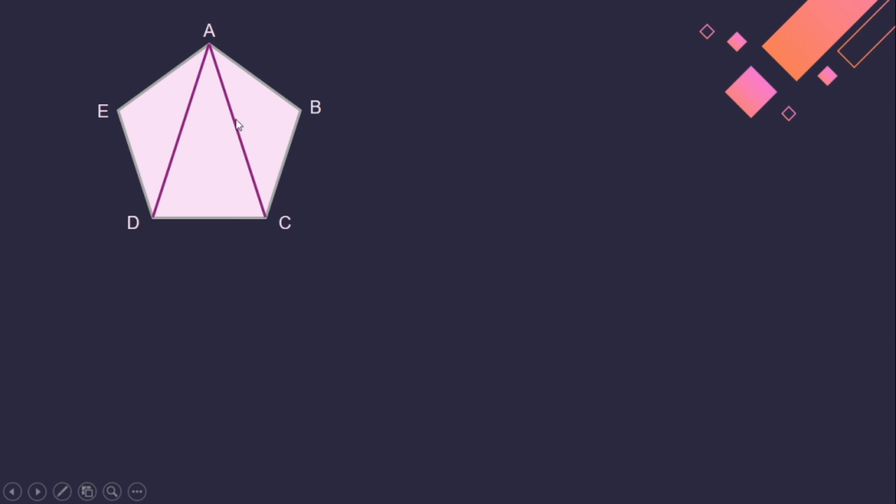Now, from these diagonals, we formed some triangles. We have the first triangle here, the second triangle here, and the third triangle here.